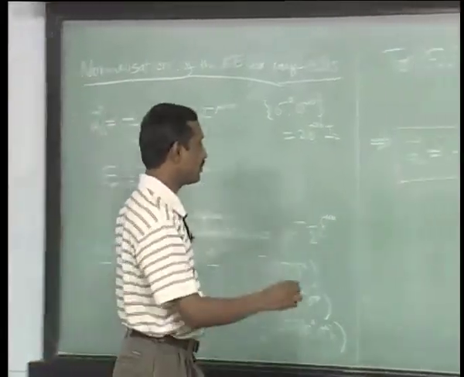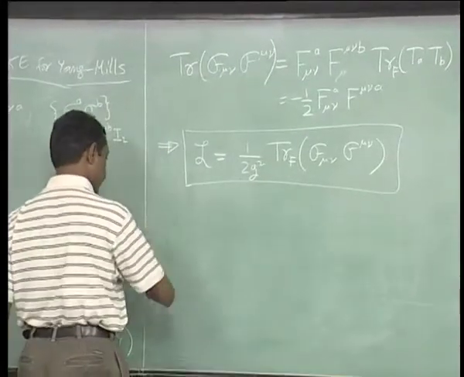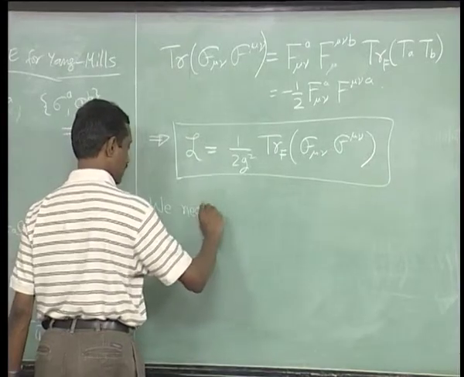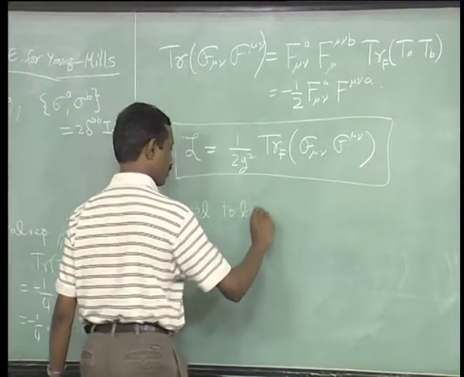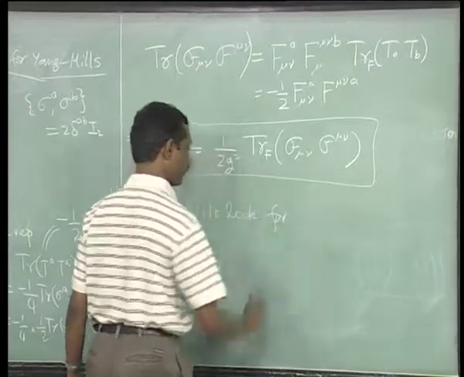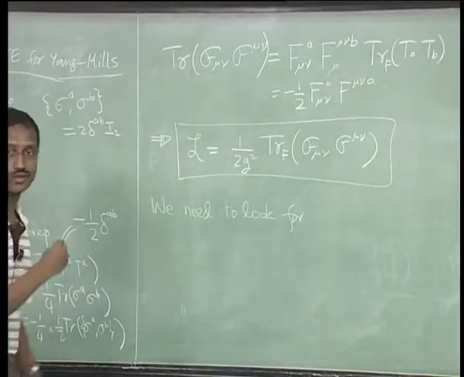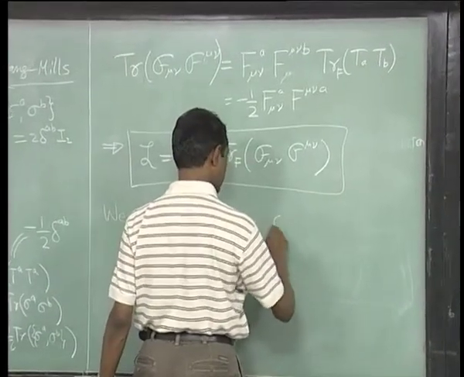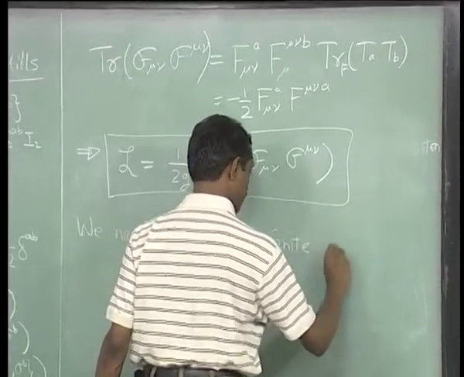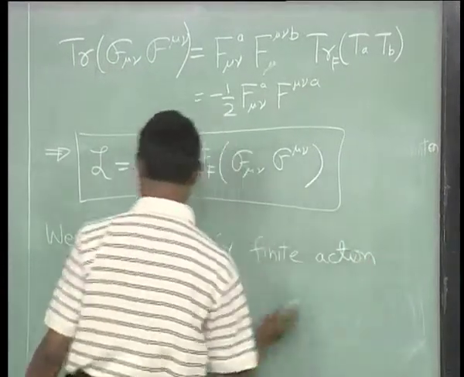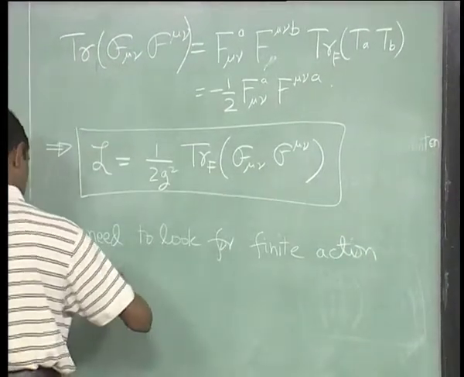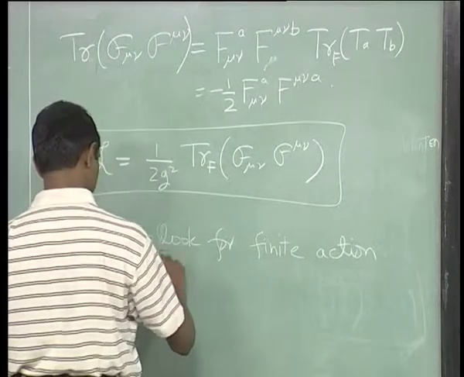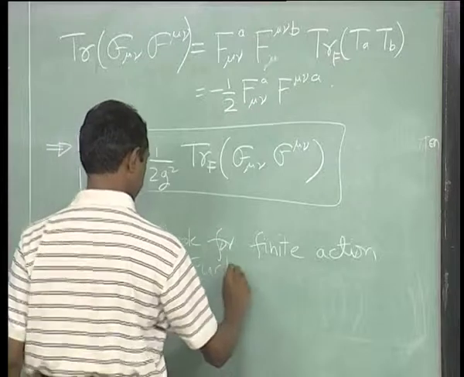Okay. So now the idea is we need to look for Euclidean solutions, finite action solutions in the Euclidean version of the theory.